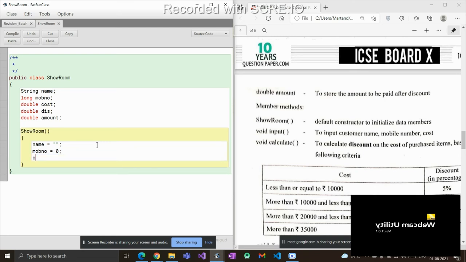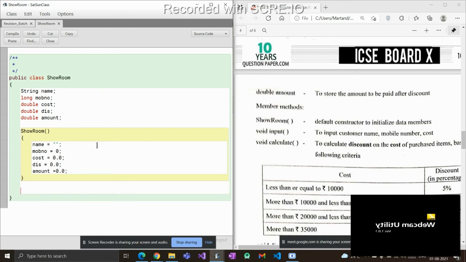Okay, then it says cost, so cost equal to 0.0. Then this equal to 0.0 again, and your amount also, amount equal to 0.0, like this. So this is my constructor. Default constructor work is done. The only work of a default constructor is to give some default values to them, and that's it.